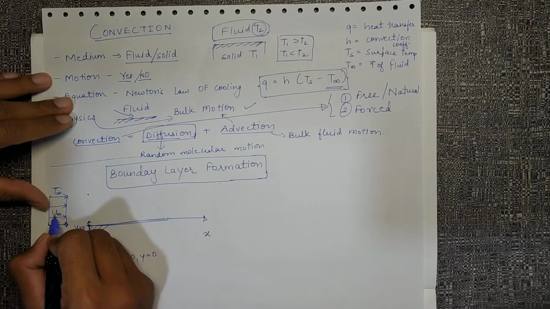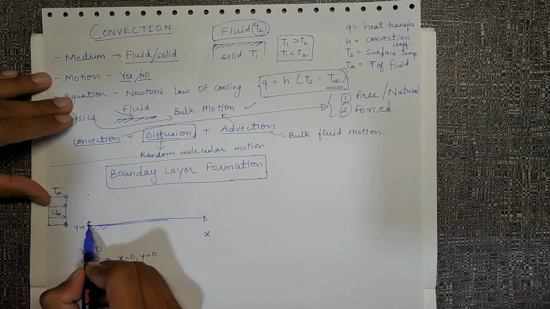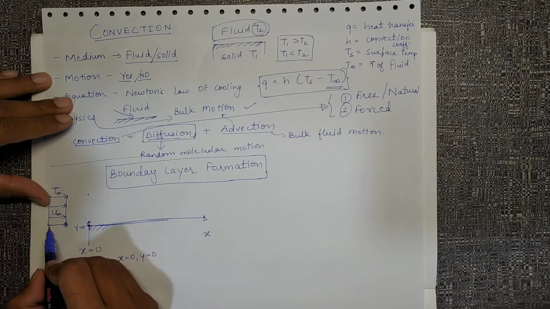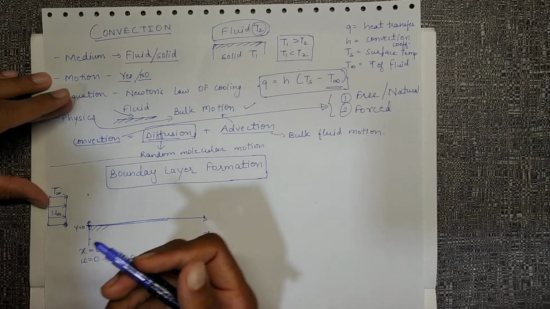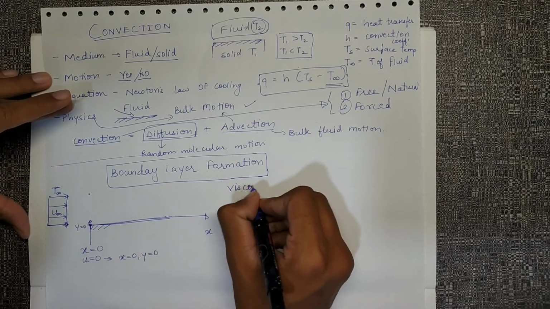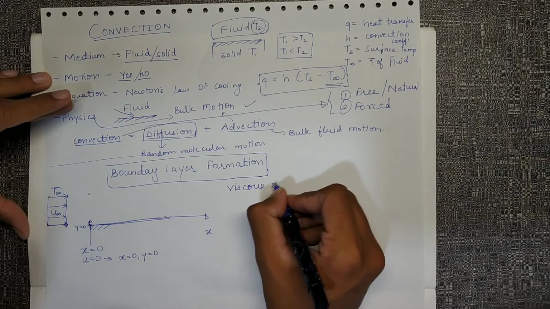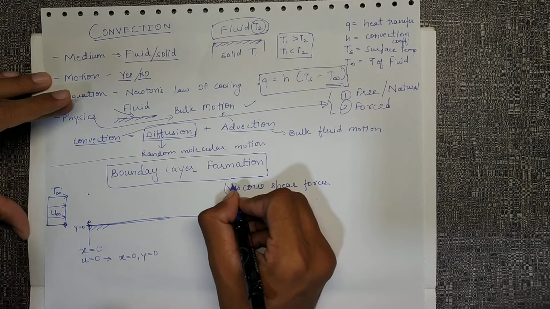It may not be exactly u infinity, but it will be less affected because of this surface. The velocity of the molecules which are close to the surface will be more affected because of the viscous force. Which force? It is viscous force, viscous shear forces, right?